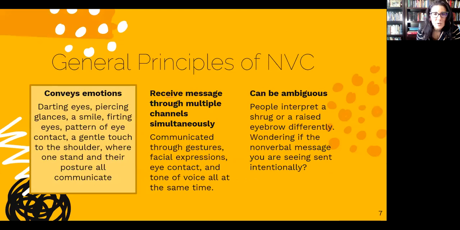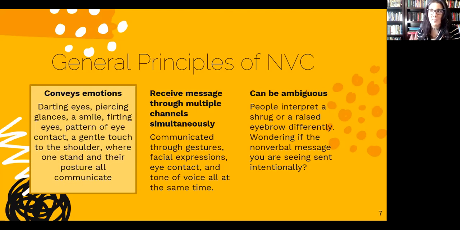Okay, general principles about nonverbal communication. I just abbreviated that because it was too long for the PowerPoint. So NVC means nonverbal communication. But nonverbal communication definitely conveys emotion. So you can tell when somebody is cross with you by the darting eyes, or you can tell if somebody is flirting with you without saying a word.